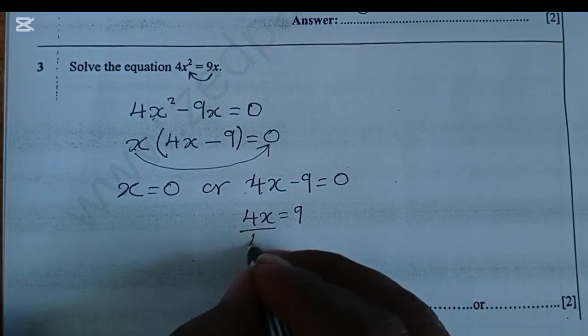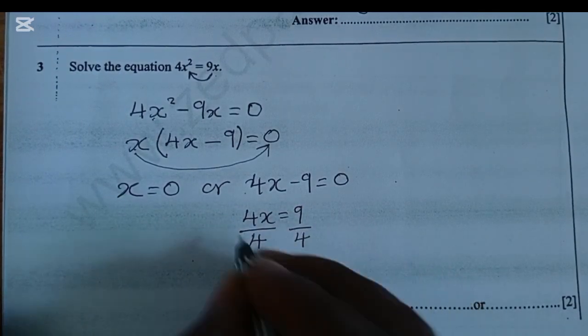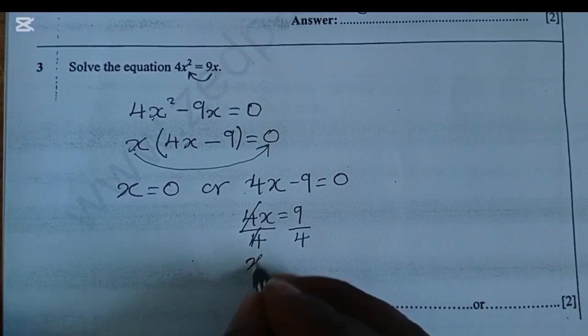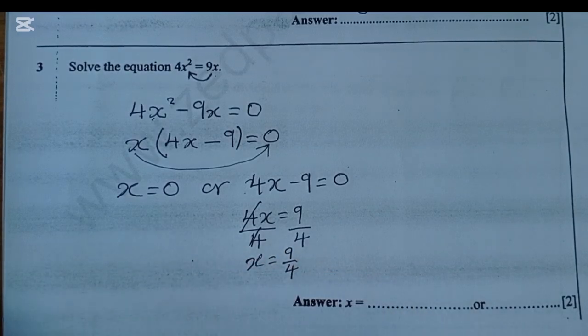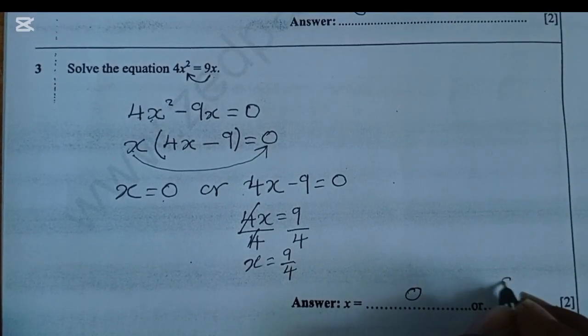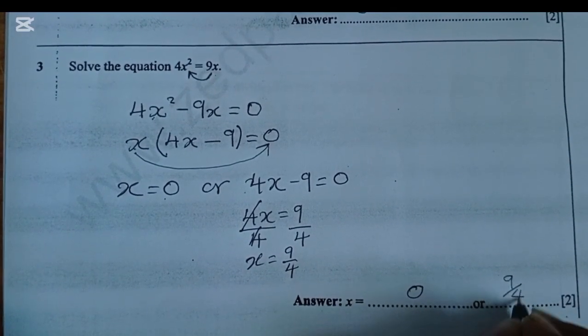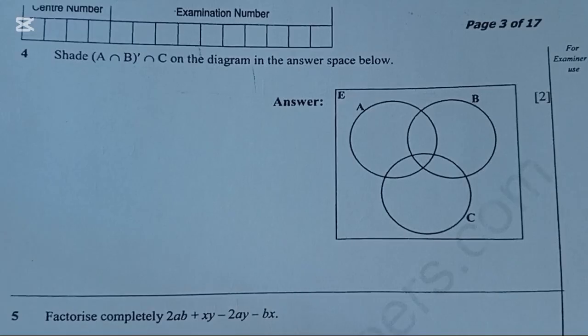Then I'll divide throughout with a 4. 4 and 4 go. It is x is equal to 9 over 4. So I have two values for x: x is equal to 0, or x is equal to 9 over 4.